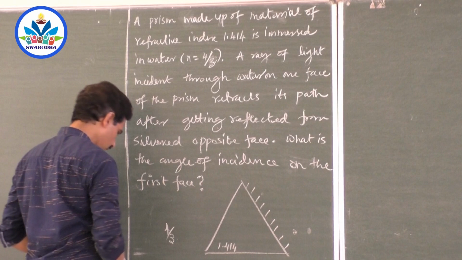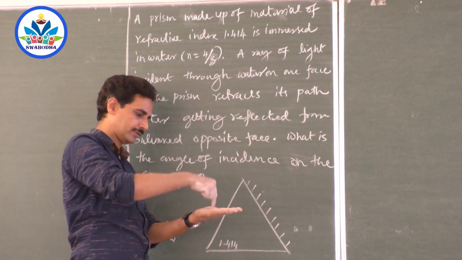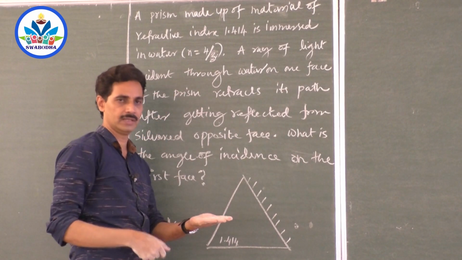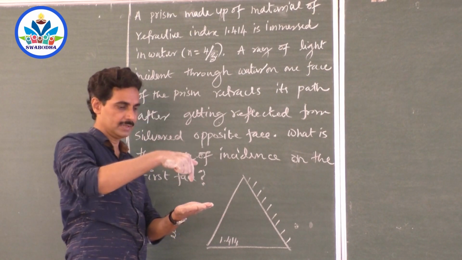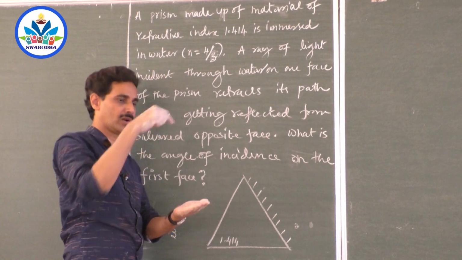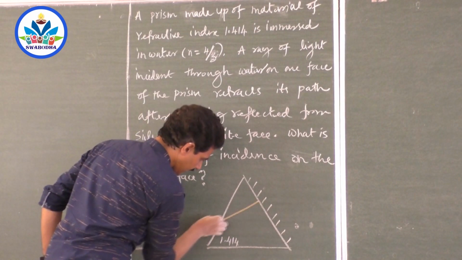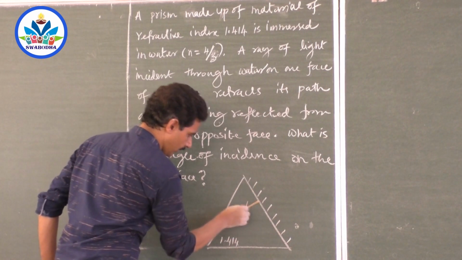Suppose you take a mirror like this, a ray of light will reflect back from the mirror in the same path but in the opposite direction only when it is incident normally. Angle of incidence 0, angle of refraction is also 0, because normal incidence is always along the normal. So the angle with respect to the normal is 0. It is possible when the ray of light is incident normally like this. It will return back normally like this.